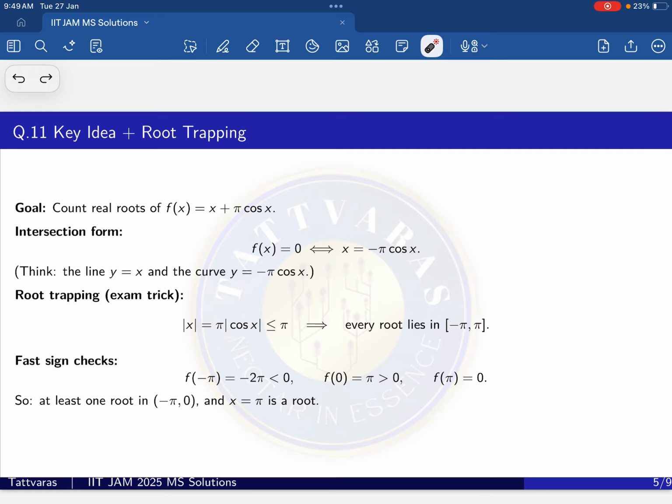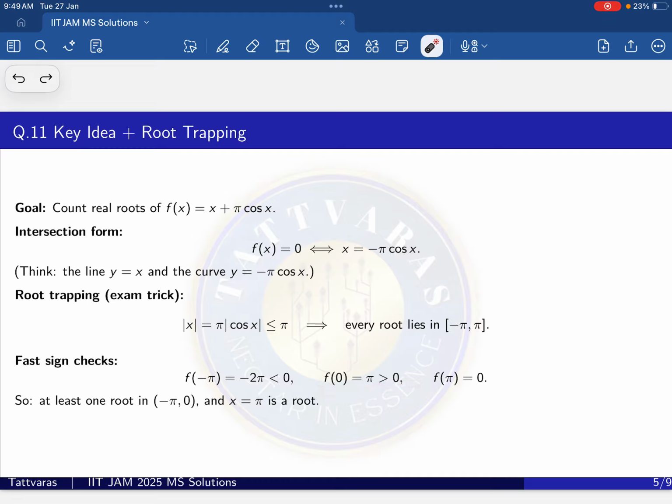Now we do a quick sign check. We will check the sign at -pi, pi and 0, which are the three most obvious places. At -pi it is negative, which is -2 pi. At pi it is 0, because if you check at pi, this is pi and this is also pi into -1, so both are equal to pi. So f(pi) = 0, which already gives us a root, and f(0) = pi, which is positive.